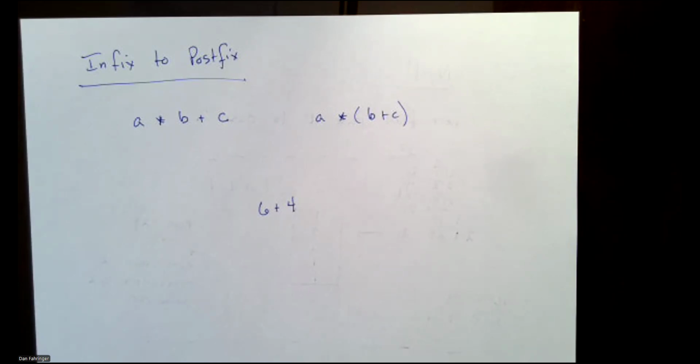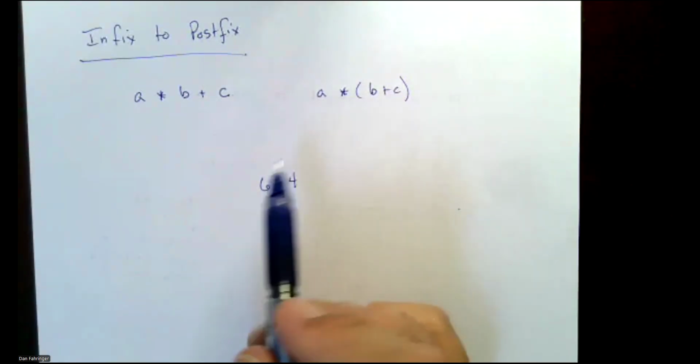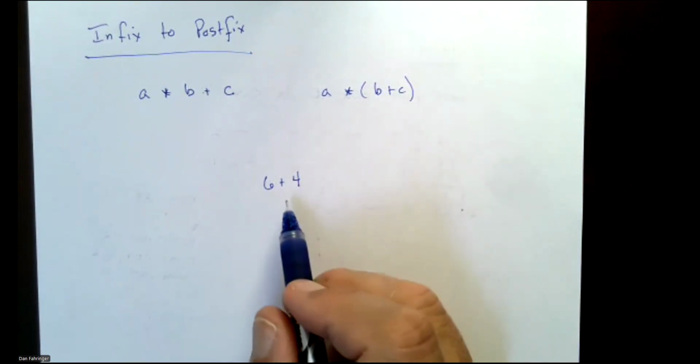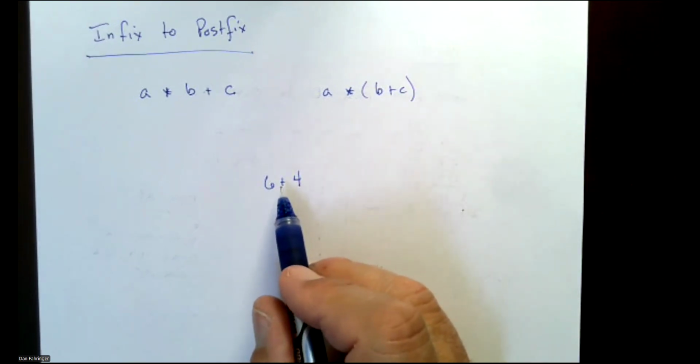Next thing we're going to do is another application for stacks. We have 15 minutes. This is a busy class. This is something that later is going to become really important, so it's good to bring it up now. We take a traditional expression like 6 + 4 where the operator is inside.